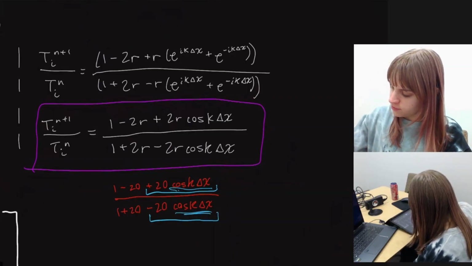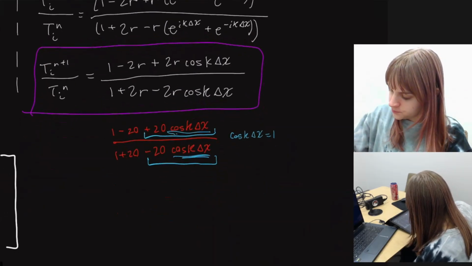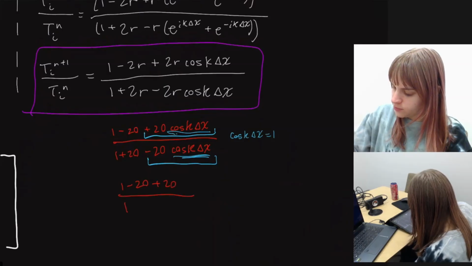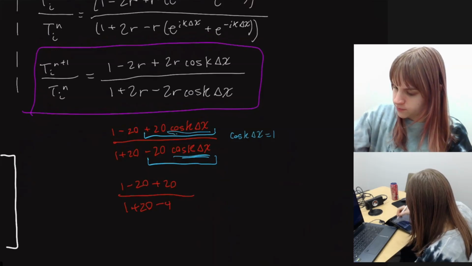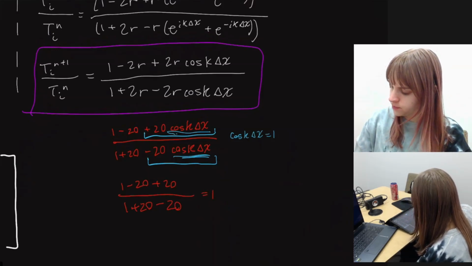So for the case of cosine k delta x being 1, we would have 1 minus 20 plus 20 divided by 1 plus 20 minus 20, which is 1.